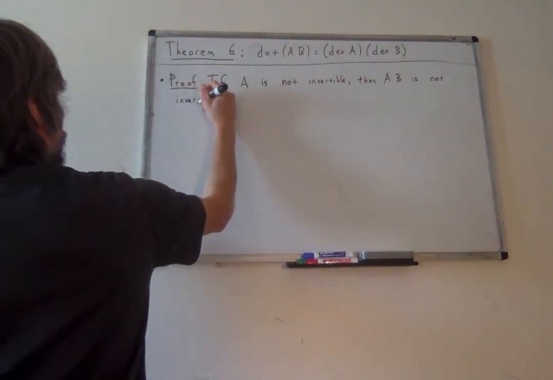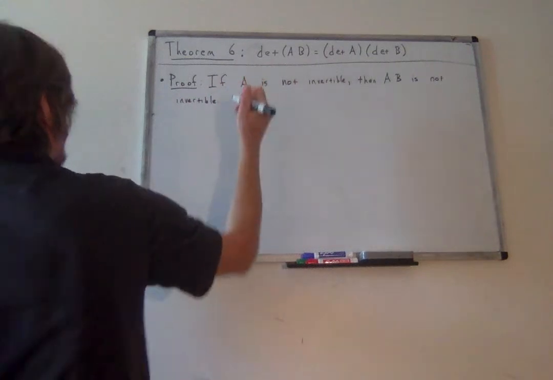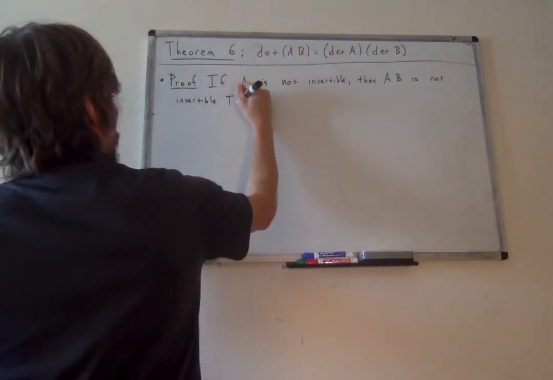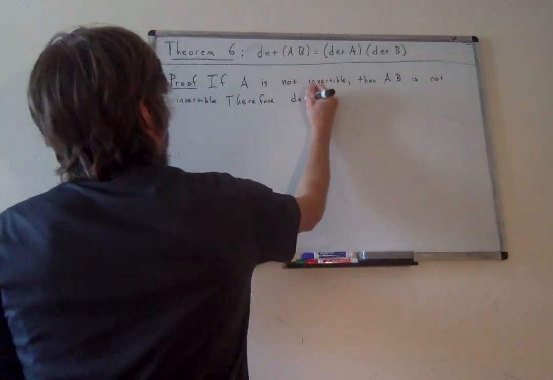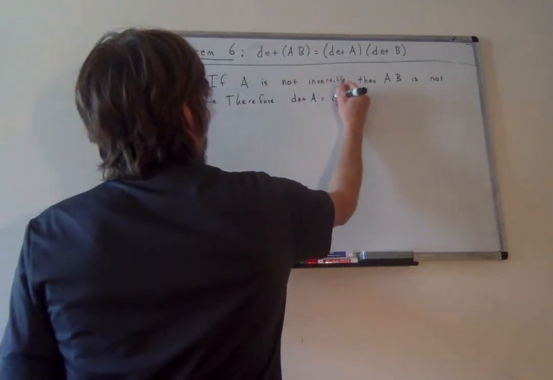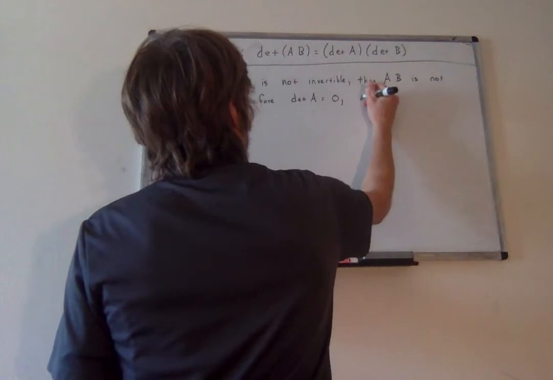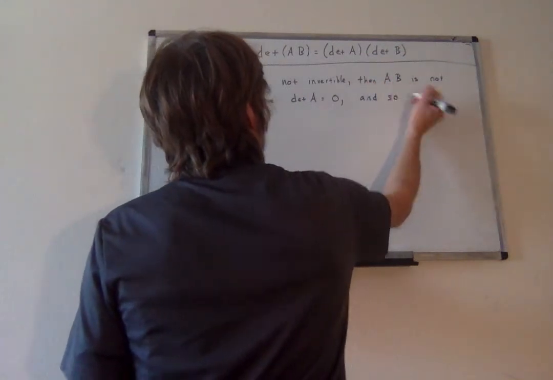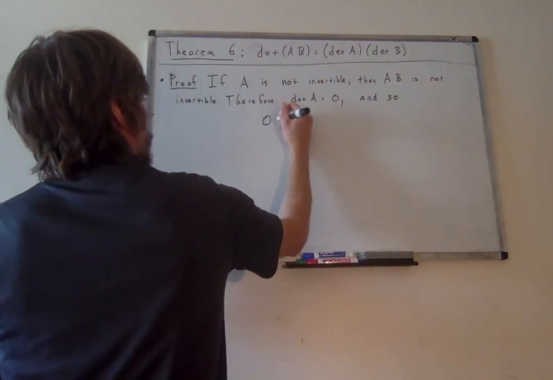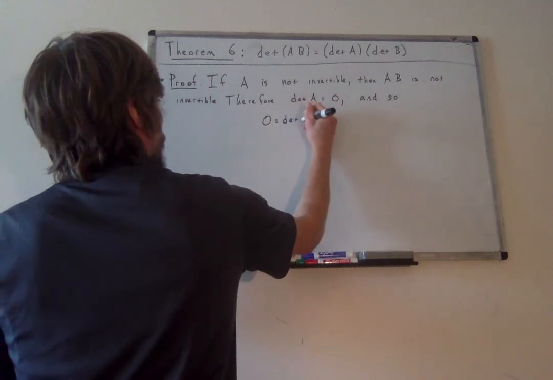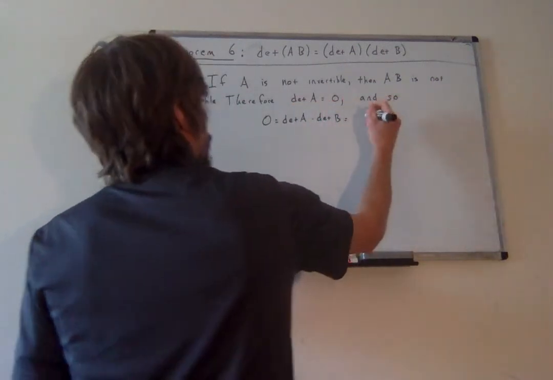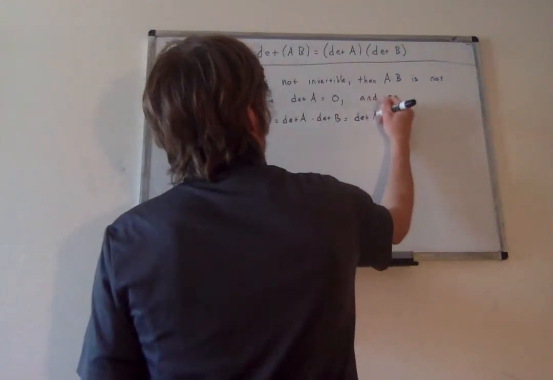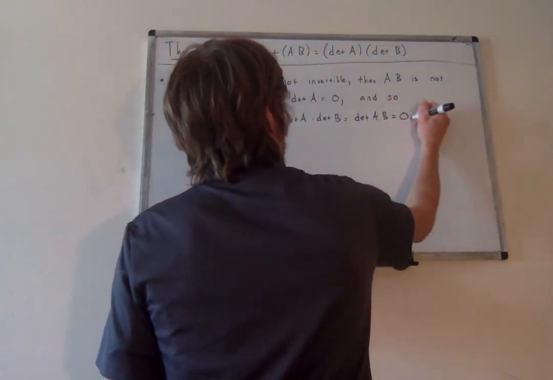So that is, if I have 2 matrices A and B, and one of them is not invertible, then their product is not invertible.